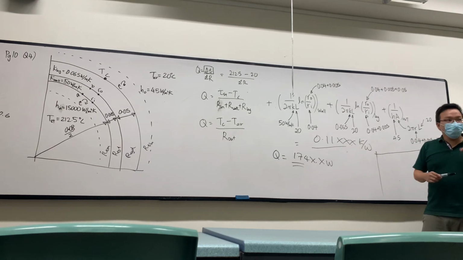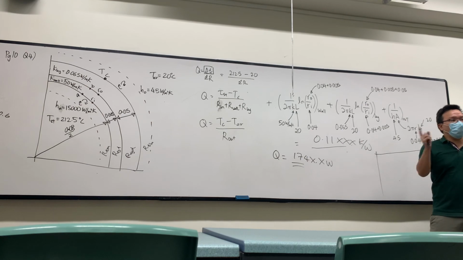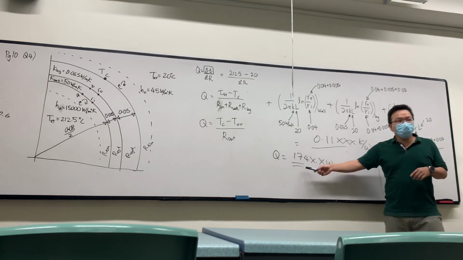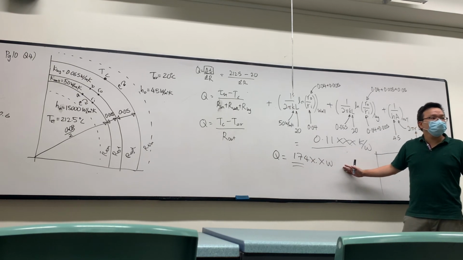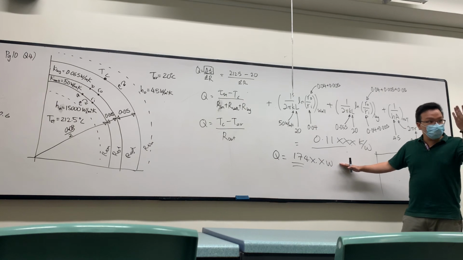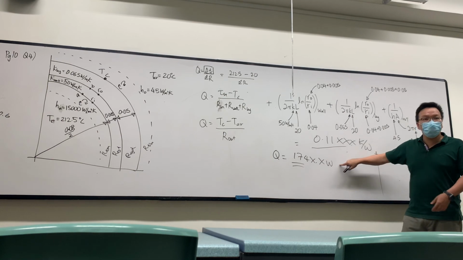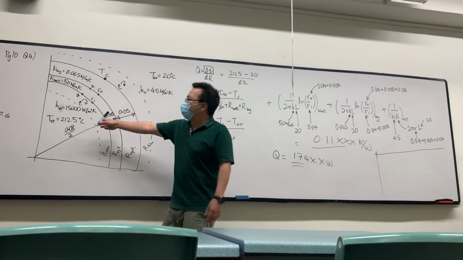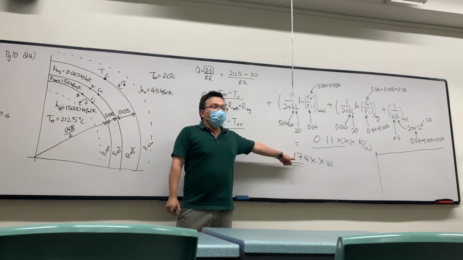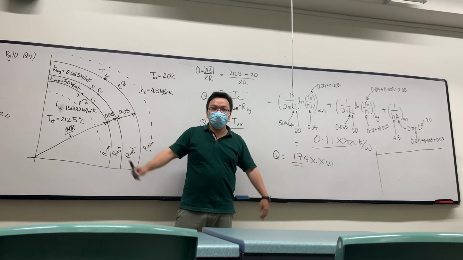So now listen, I'm going to go back to what we talked about in the PowerPoint slide. What does this Q tell you? What is this value telling you? The amount of heat lost to the pipe wall. Remember, this is where the steam is flowing through. So the Q going through here is the loss, 174-something.